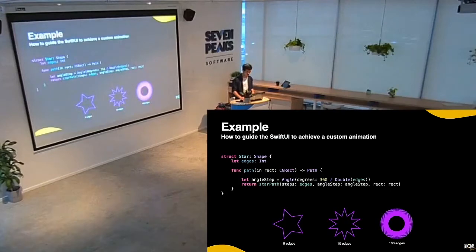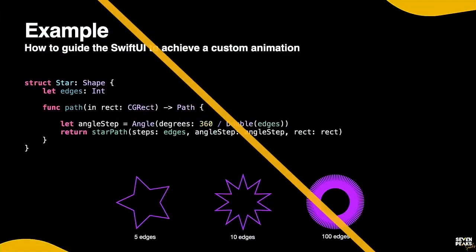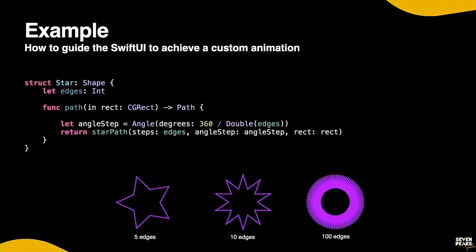So in this sample, we will animate the number of edges of the star. Here I show the code for how to draw a star basically. You can see on the screen we have the star conforming to Shape. Of course, we have one input called the number of edges. It's an integer number, and because it's a shape, it will have one function to return a path.